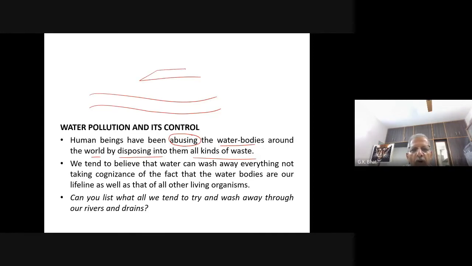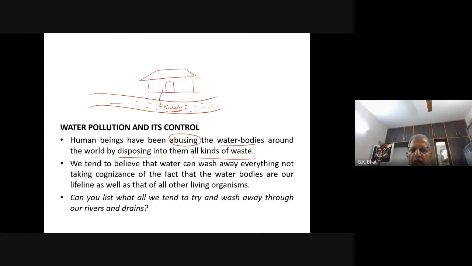I was brought up in a village, and within 200 meters of distance, we had a perennial river in my native place, Manipura. The water used to flow all throughout the year. Whenever we came across any waste that was not required, we were taught to take it and throw it into the river.